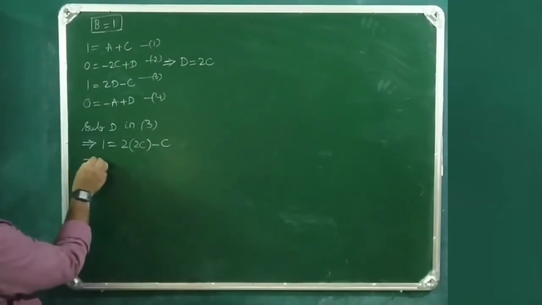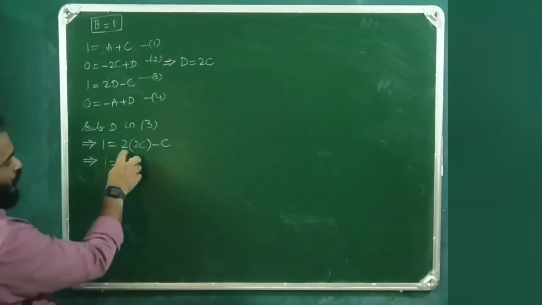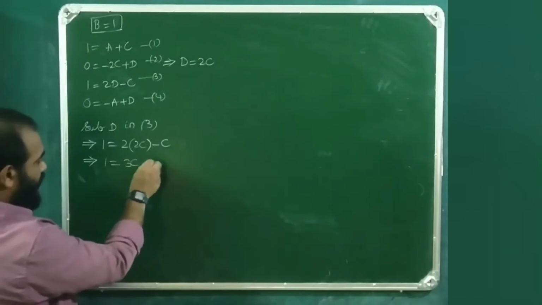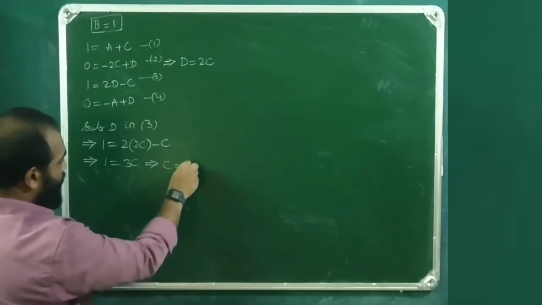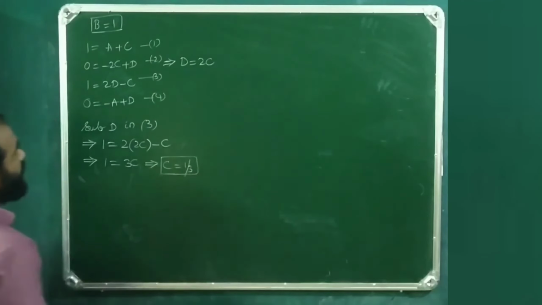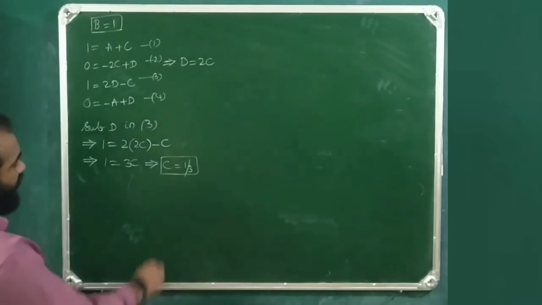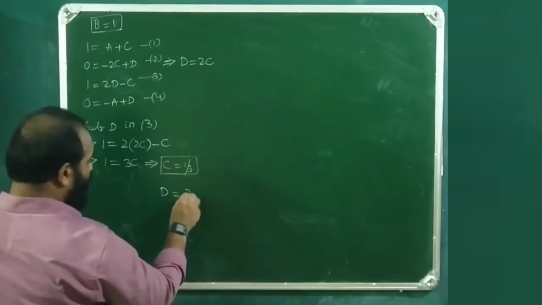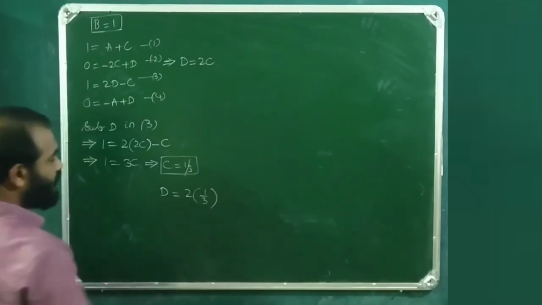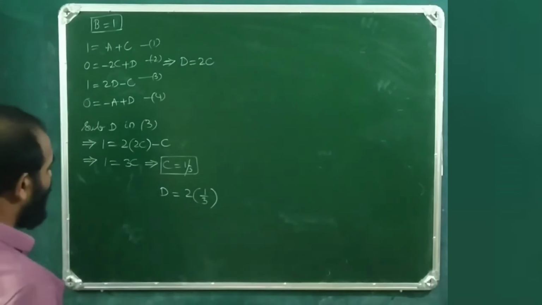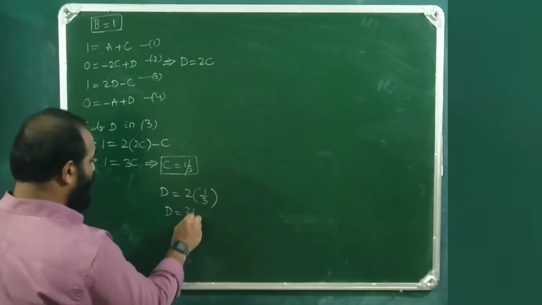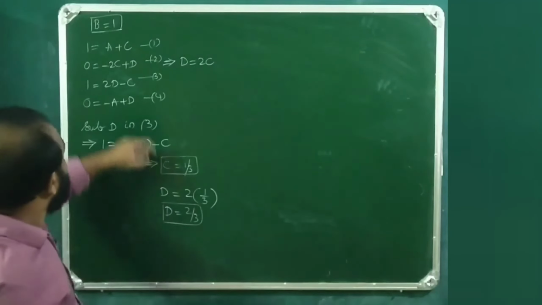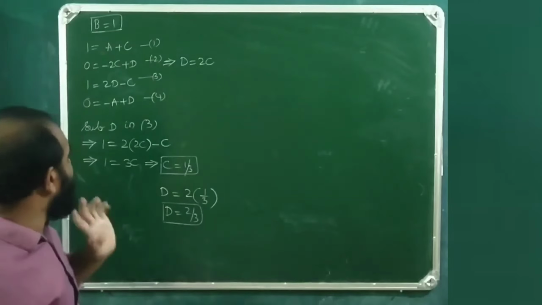So this equals 4c minus c is 3c. So from this c equals 1 by 3. Now from this d equals 2c, 2 into 1 by 3. So d equals 2 by 3 we get. So we got b, c, d.